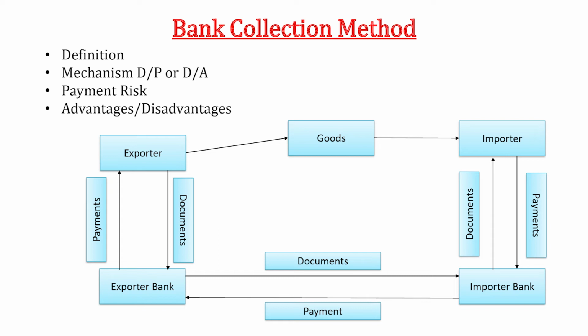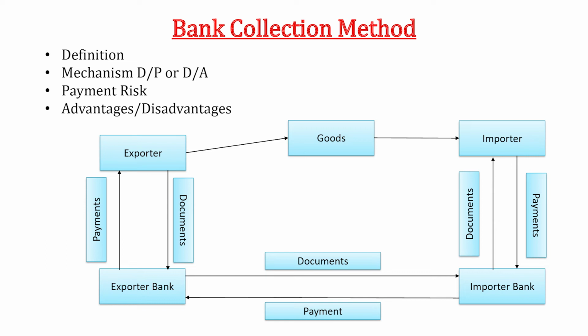And in case this transaction is a very large transaction from the exporter's point of view, involving say $100,000, $500,000, $1 million, in that case, number one, the exporter must stress that the bill of exchange will be accepted by the importer's bank, or the importer has to supply a standby letter of credit. These are the two precautions which can be taken in case of a high value export transaction.